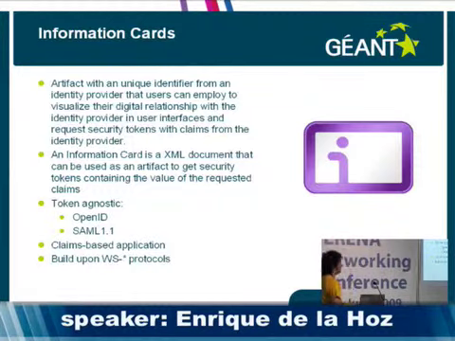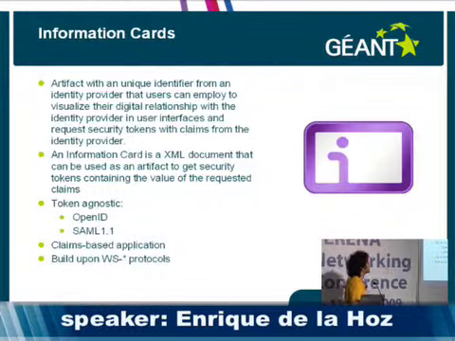If we want to be real, an information card is just an XML document. It's a kind of artifact that can be used to get security tokens containing the value of a set of requested claims. One thing that is quite interesting about information card is that it is token agnostic.